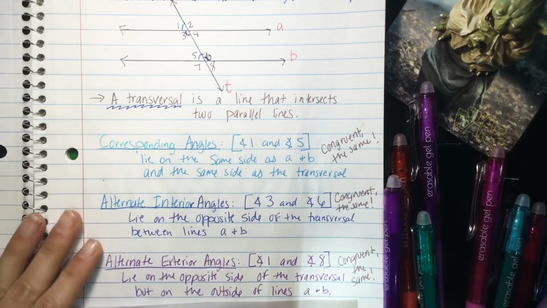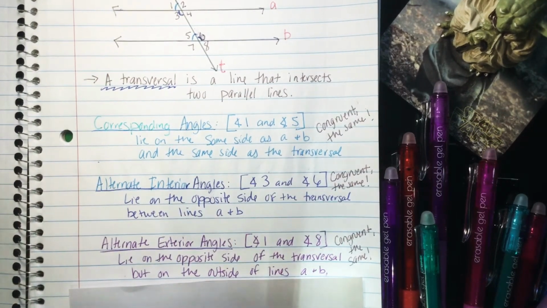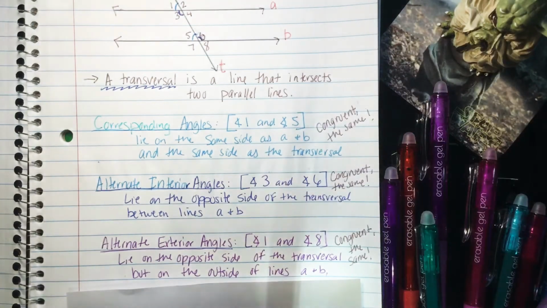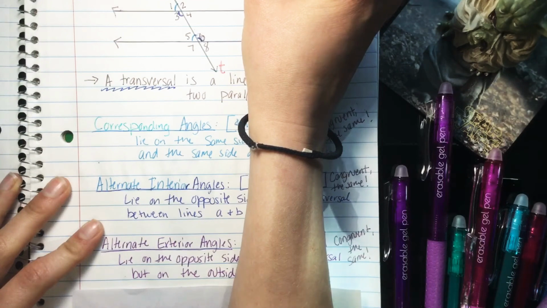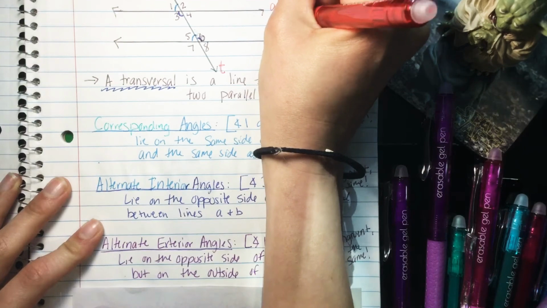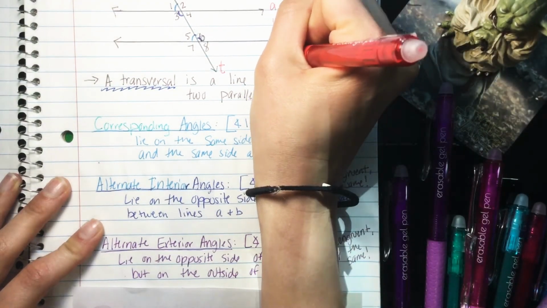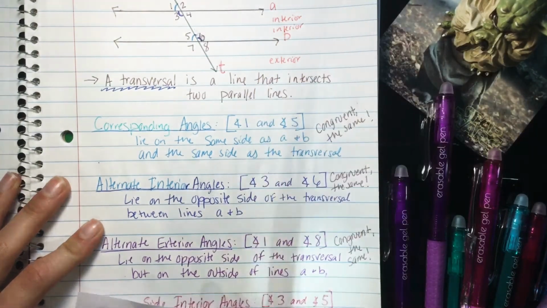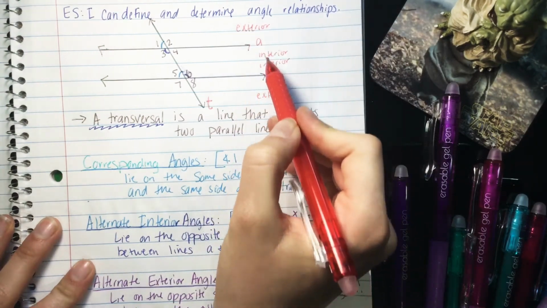Okay, and then we have the alternate exterior angles. So if they're exterior angles, they're on opposite sides of the transversal, but they're outside. Okay, so I'm going to label these as exterior, interior. Exterior, outside, and then interior, inside.